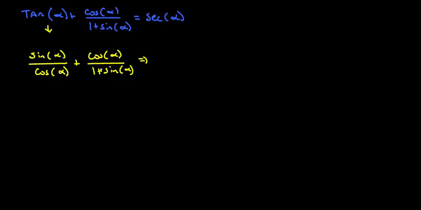So guys, when you're working with these problems, what I'd recommend doing is once you switch everything to sine and cosine, when you have fractions, the next step is to go ahead and put those fractions together. This guy over here on the left side is missing a 1 plus sine alpha.